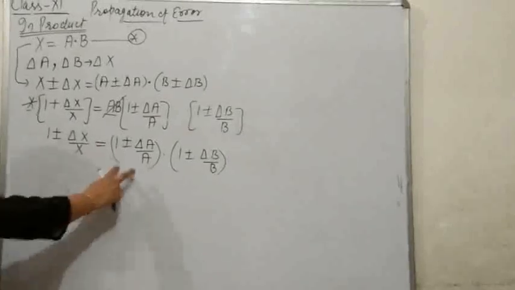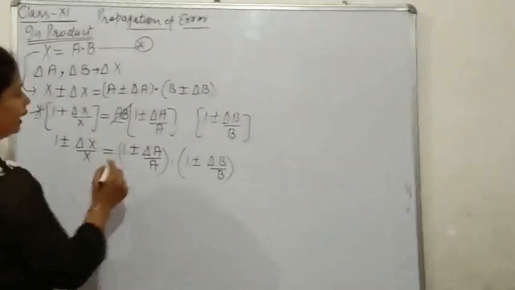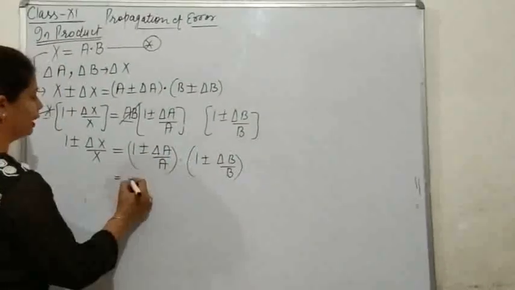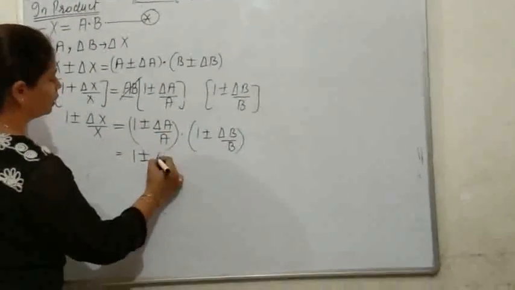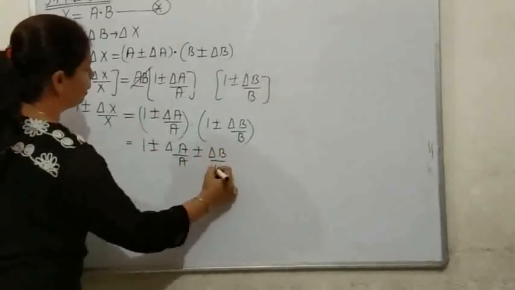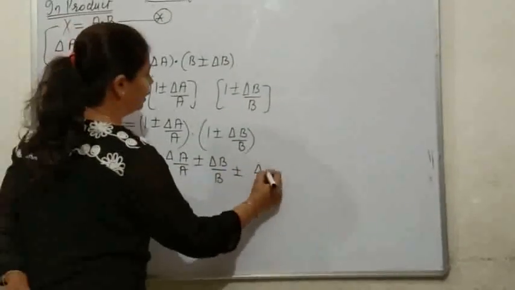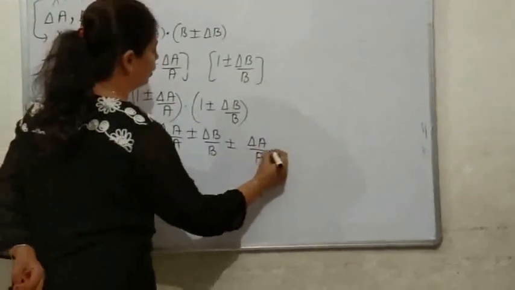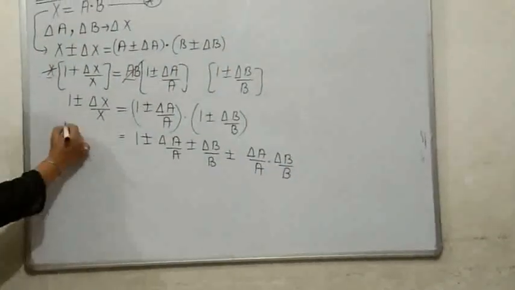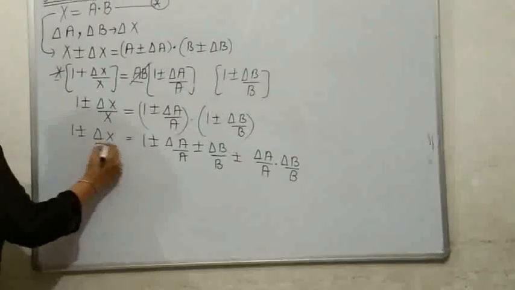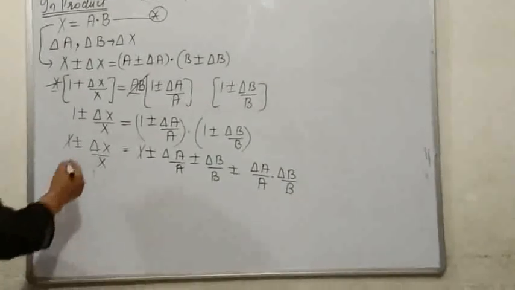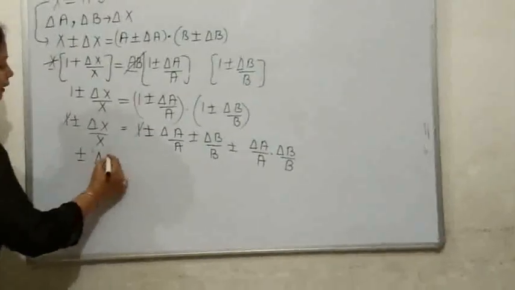Now multiplying these two terms using multiplication identity, these two terms with 1 first, these two terms with second section first, then we will get the result 1 plus minus delta a by a plus minus delta b by b plus minus delta a by a into delta b by b. Now 1 on left hand side cancel with the 1 on the right hand side, then what will be the result here? That is equal to plus minus delta x by x.